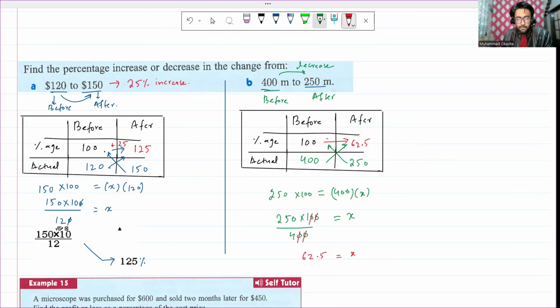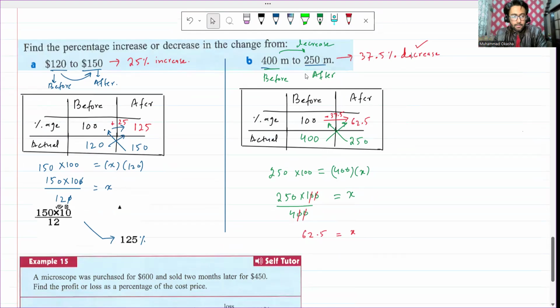So the decrease was negative 37.5. Either do that or you could simply write 37.5% decrease. That's it. No need to write negative 37.5. Simply write 37.5% decrease. And this decrease automatically tells me that the amount has lowered.